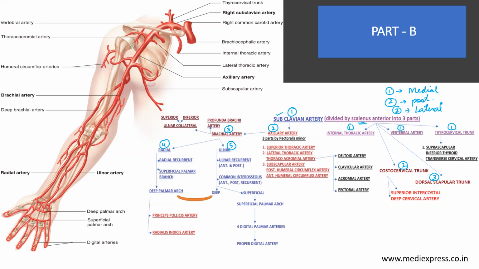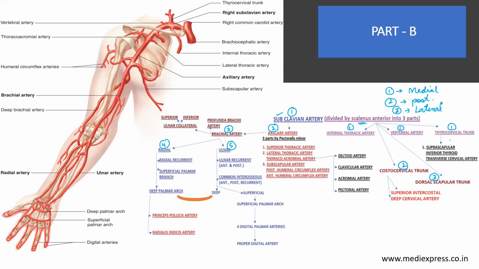So the subclavian artery is divided into 3 parts by scalenus anterior. The first part is from the medial border of the anterior scalene muscle. Second part, the costocervical trunk, has its origin posterior to the anterior scalene muscle. And third part, the dorsal scapular trunk, again originates from the lateral border. And remember, this is also to the lateral border of the first rib.